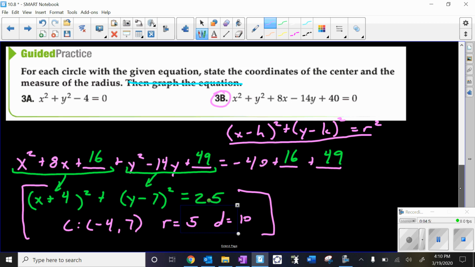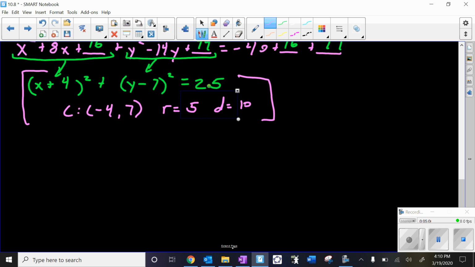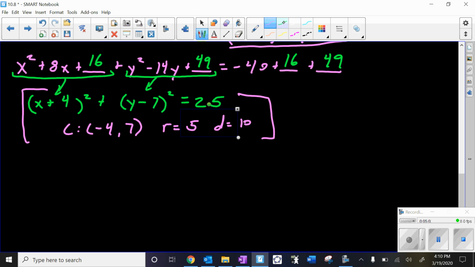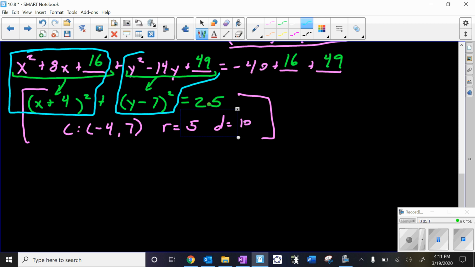All right, now I'm going to take a few pieces out of this. How did all of this, which I'll box in a different color, become x plus 4 squared? The same idea would occur for the y part, so I'm only going to focus on one of them.